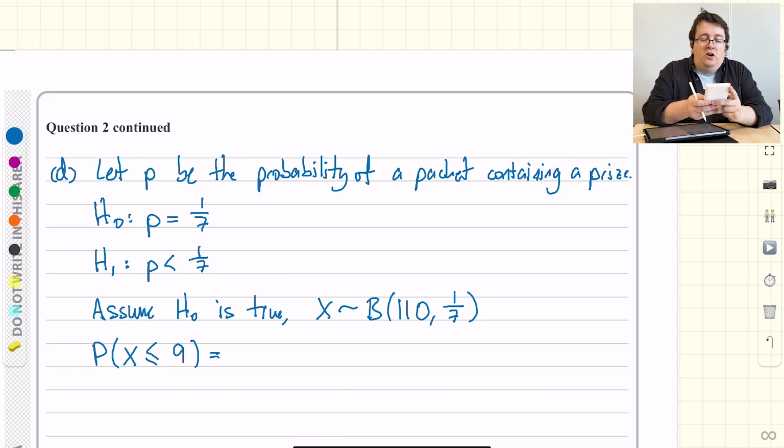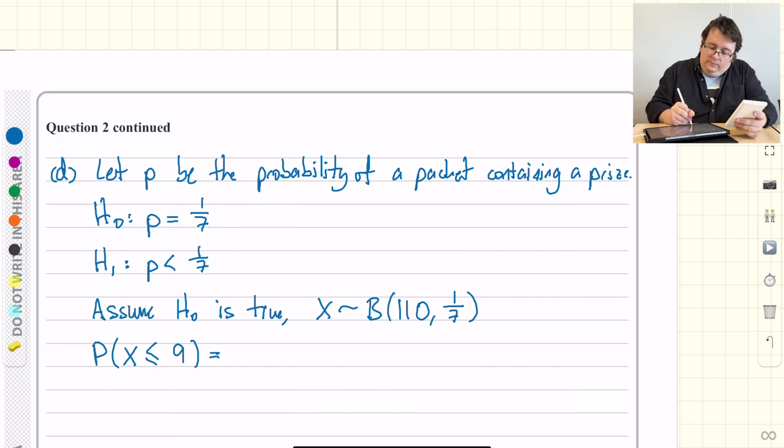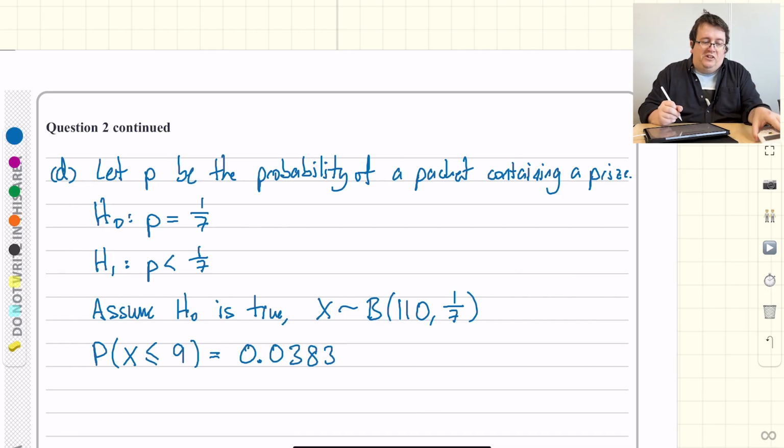So you want your binomial CD. n is 110, p is 1/7, and we want less than or equal to 9. So it's 0.0383 to 4 decimal places. And we need to compare that with 5%. So it's less than 0.05.